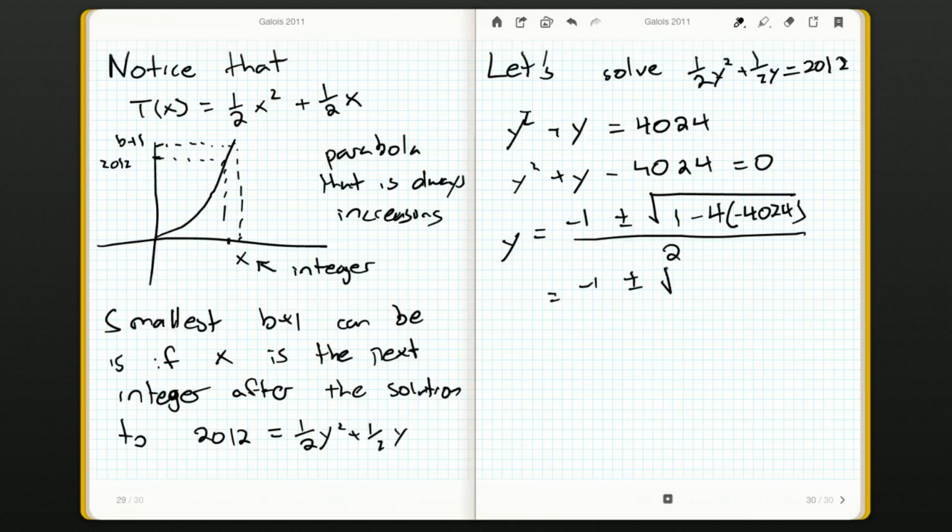Negative 1 plus or minus the square root of, so what's inside here? 4 times 4024 plus 1 is 16,097. If we square root that, we basically get 126.8. I'm going to use the plus version, because otherwise we're going to get a negative number.